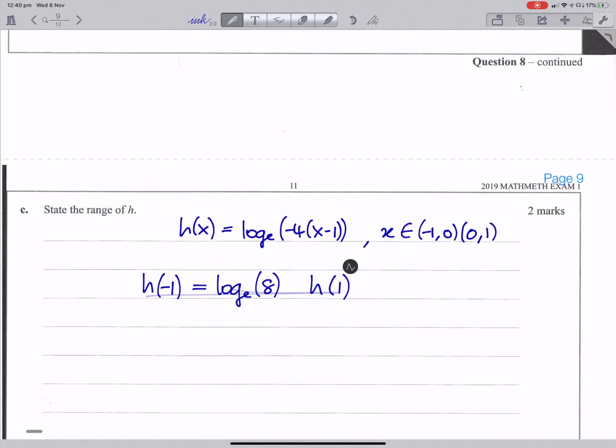What am I doing? Let's just sketch it. Oh no, because that's the negative log. Okay, so we've got log e 8. That's the first one. That's our maximum value. When it's 0, we get log e of 4, so it can't equal log e 4.